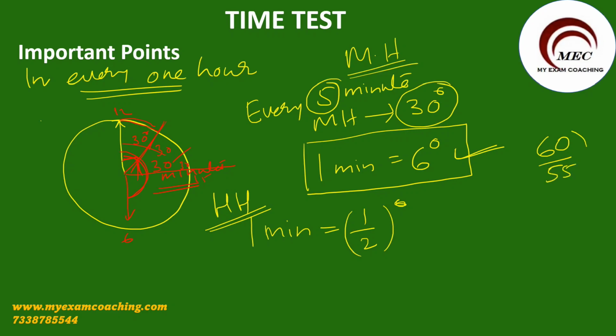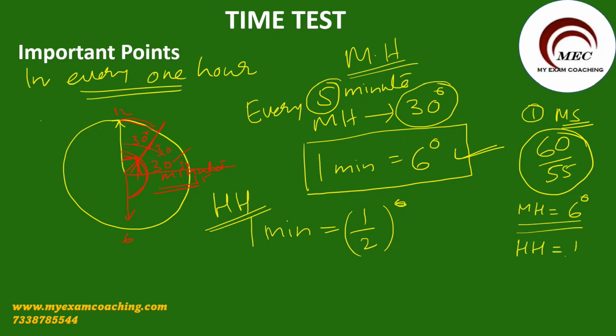This is one of the very important concepts, concept number 1: 60 by 55, that is the minute space. Second, in every minute, the minute hand will cover 6 degrees and the hour hand will cover half a degree. So these are all the important information we have learned till now.